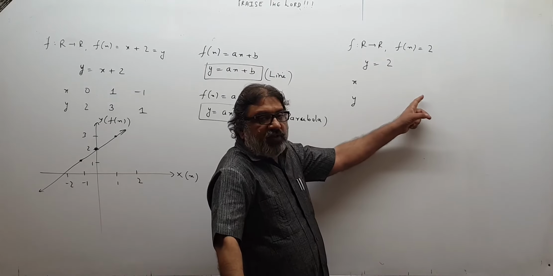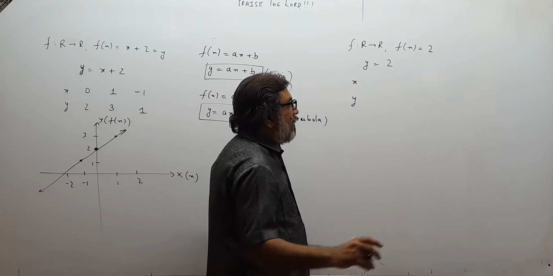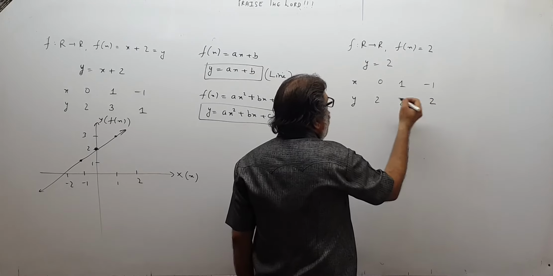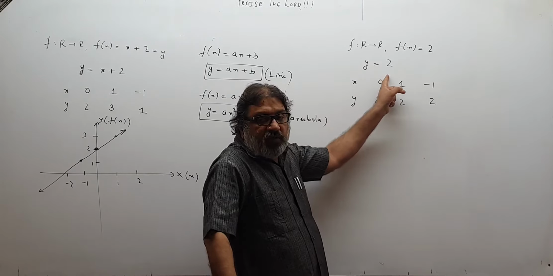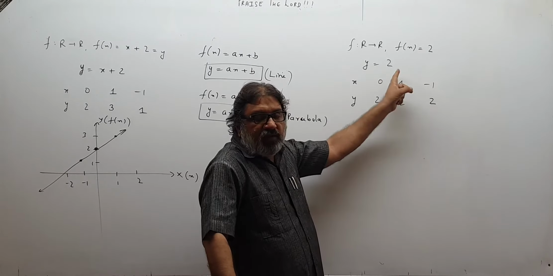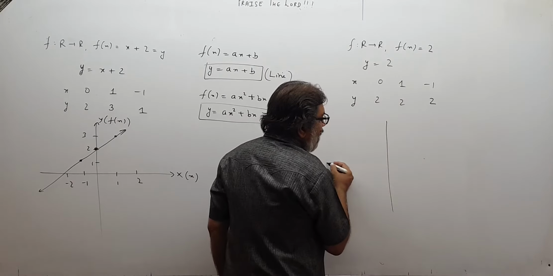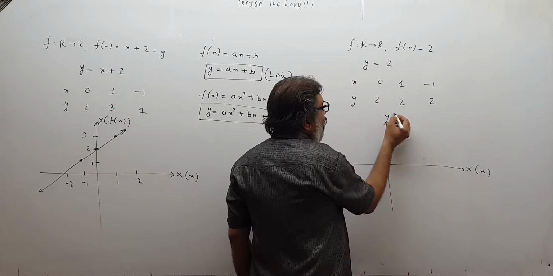So even if I keep changing values of x, y will always remain 2. So for 0 it will be 2, for 1 it will be 2, for minus 1 it will be 2 and so on, because x is not at all there in this formula. So even if I change the values of x, this will not be affected. So the graph will be like this, x-axis and y-axis.